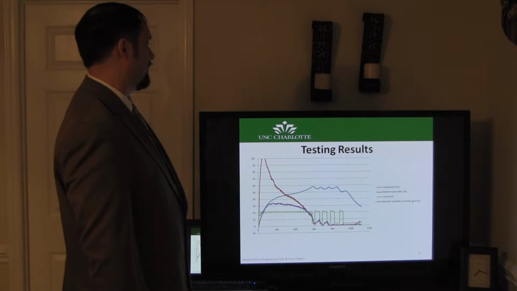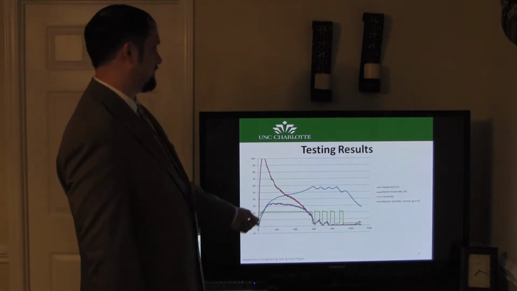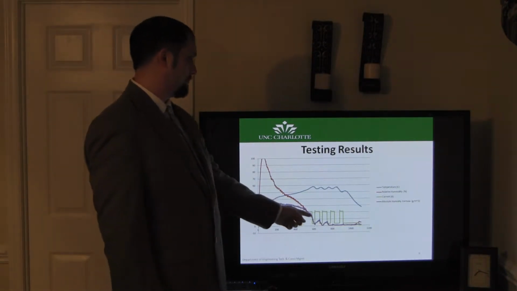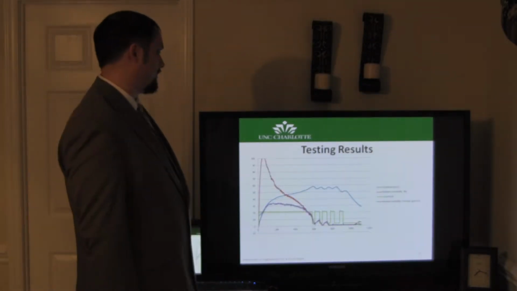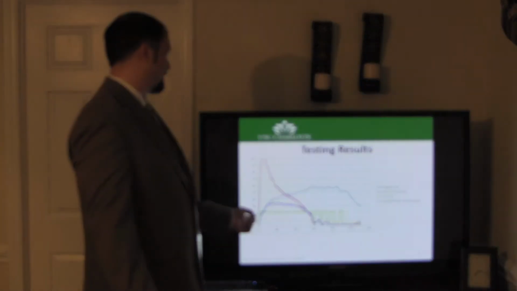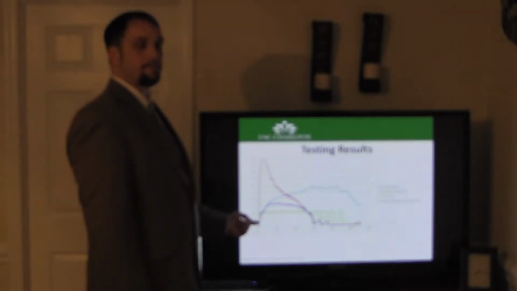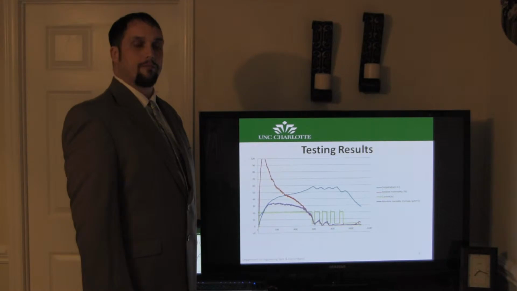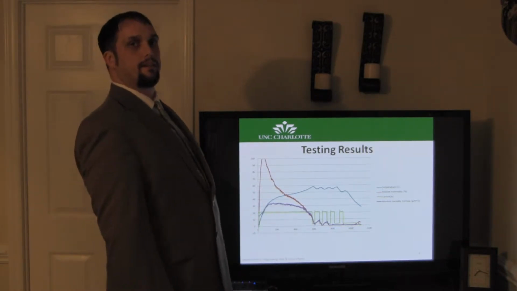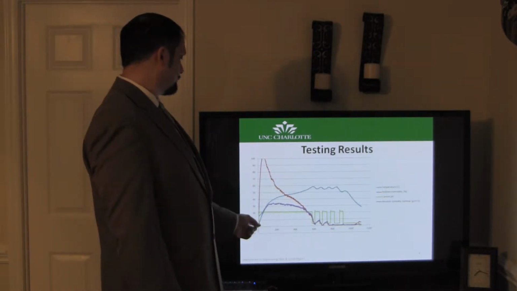So here you have the results. The only difference is the absolute humidity, which is the purple one. When your clothes first start, the absolute humidity is at X amount, and a lot of that depends on whether it rained that day or not, whatever the absolute humidity of the room is when it starts.